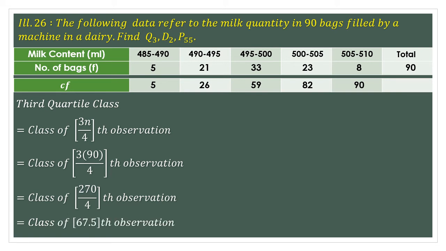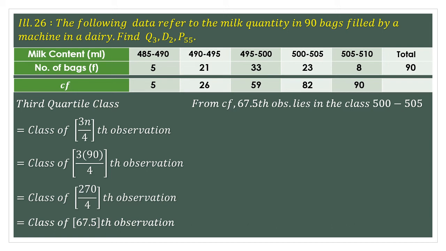Now let's see, where does this 67.5th observation lie in the CF? Can you see where 67.5th observation might be? Yes, it's the CF 82. So what is the class for CF 82? The class for the CF 82 where the 67.5th observation lies is 500 to 505.